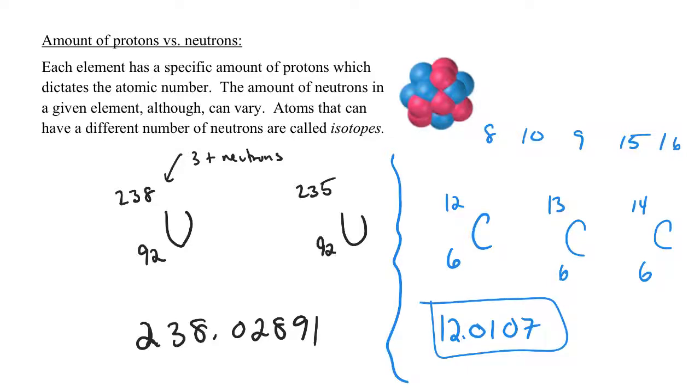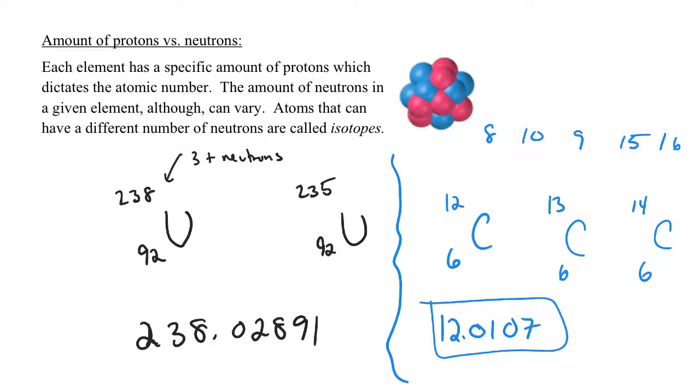So what might this be actually? Use your math skills. An average. Well done. It is an average. If you took all of the carbon that existed and looked at the proportion of C-12 versus C-13 and C-14, there is very little of C-13, 14, 8, 10, 9, 15 and 16 that occurs.